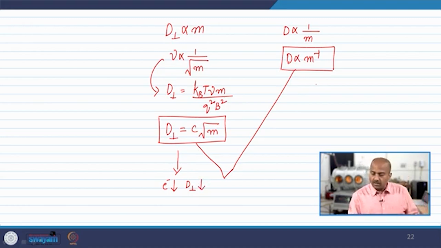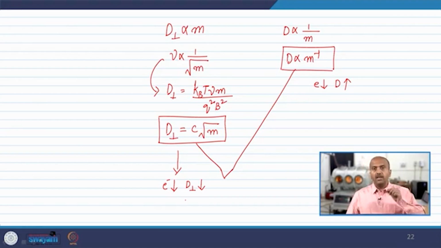Whereas in this case, electrons being lighter, the rate at which these particles will diffuse in the absence of magnetic field will be larger. Okay. So, this means the electrons are smaller, they have larger velocity, they will diffuse faster. But here the electrons are lighter, but because of the presence of magnetic field, they will not diffuse faster. So, what will the magnetic field do?